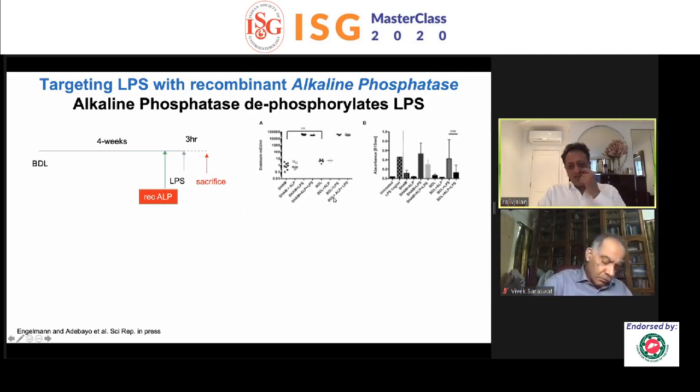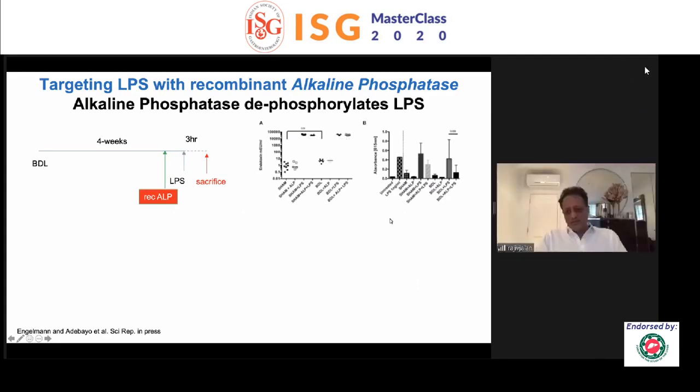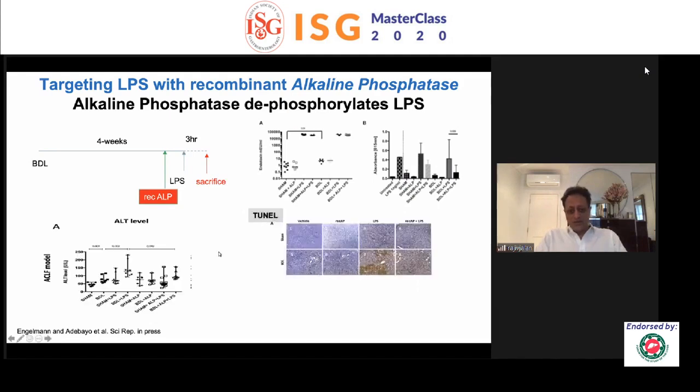The first thing to see is that the endotoxin levels in the animals that we administer LPS are very, very high. But if you measure the activity, in those that are treated with alkaline phosphatase, LPS is much lower.